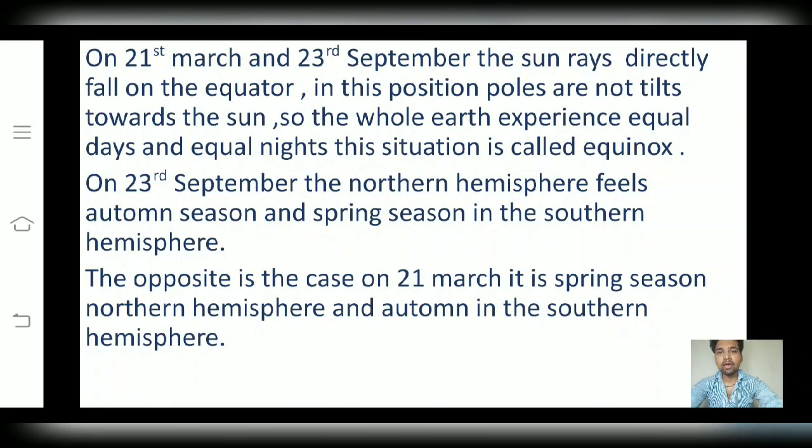Friends, here is another situation: on 21st March and 23rd of September, the sun rays directly fall on the equator. So friends, in this position, poles receive less amount of light and the equator receives the maximum amount of rays.